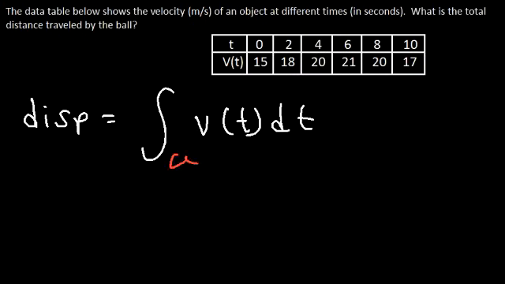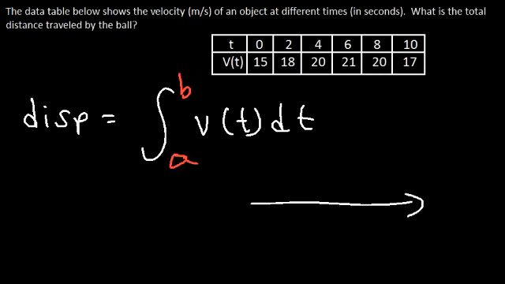In this case, from 0 to 10. Now, distance and displacement will be the same if the object moves in one direction, if it doesn't change direction. So notice that the velocity is always positive. It doesn't become negative. So if the ball moves in one direction, you can calculate the distance by finding the displacement. They're going to be the same.